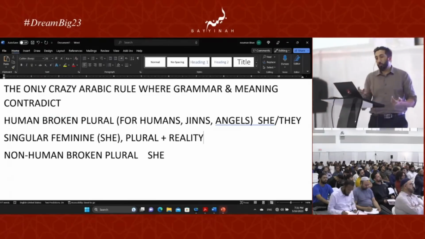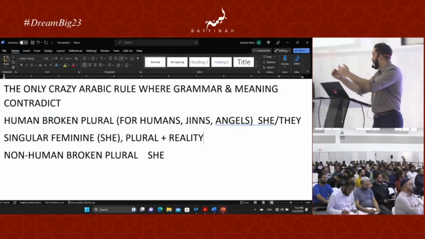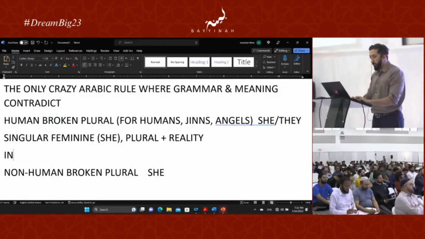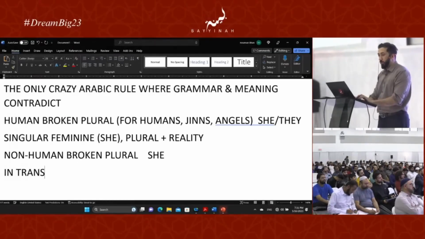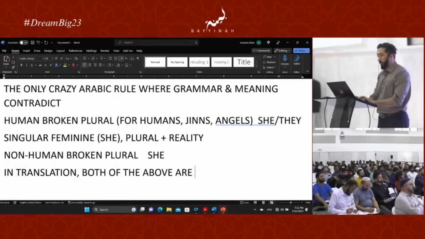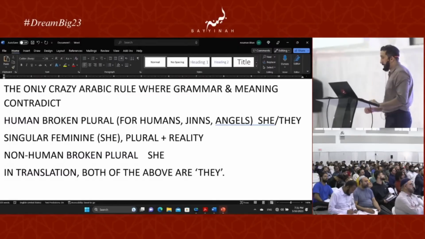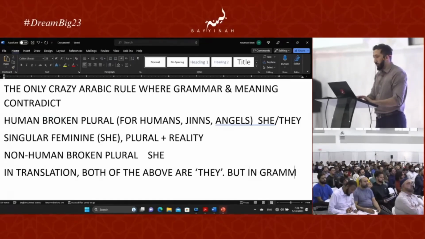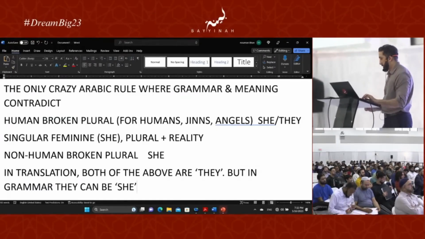Why did I say that grammar and meaning contradict? In translation, both of the above are they. But in grammar, they can be she.